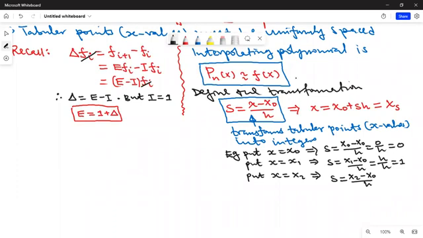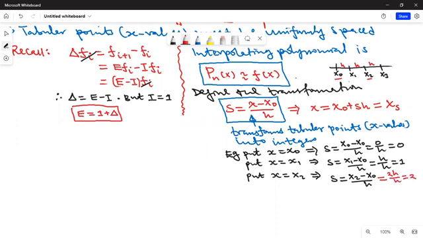Look at here: if this is x naught, here we have x1, followed by x2, followed by x3, in that order. The spacing between them is h, so this is h, h, h. So what do you think x2 minus x naught is? It is 2h, twice h, then divide by h, and that is 2, an integer.